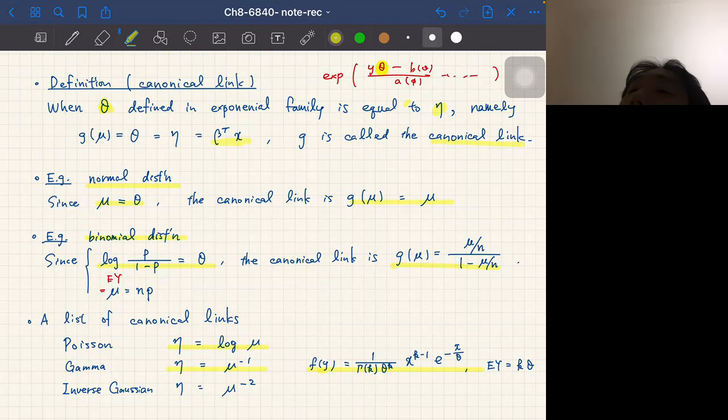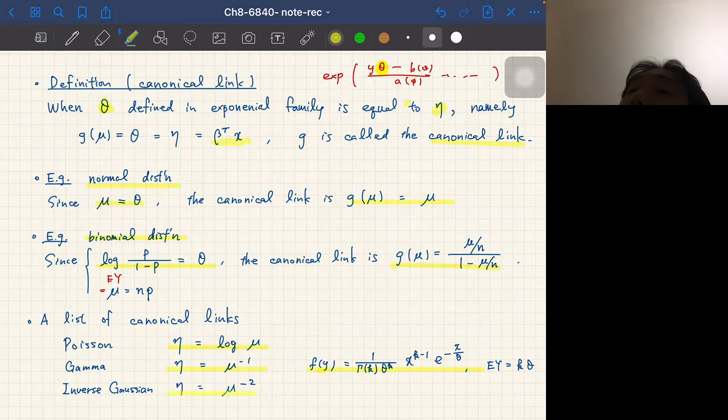For the gamma distribution, the range of the random variable is from 0 to infinity. So we need some transformation, and actually eta is equal to the mu inverse.